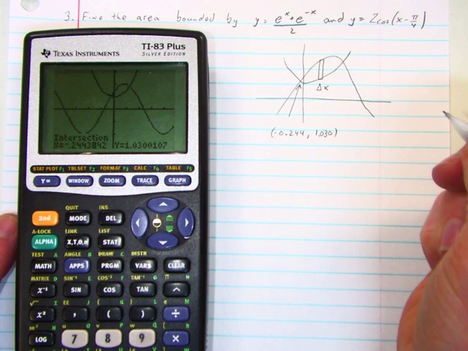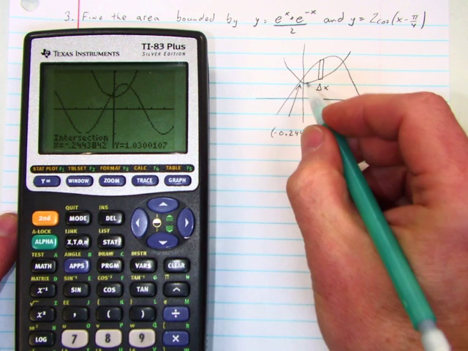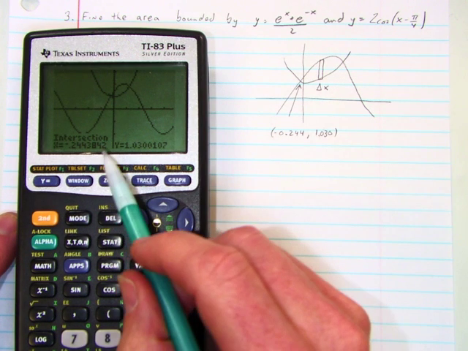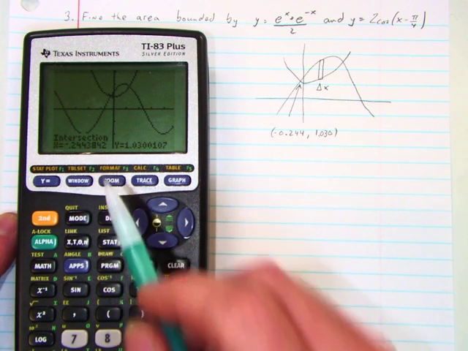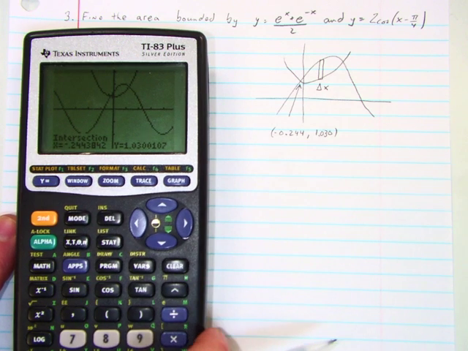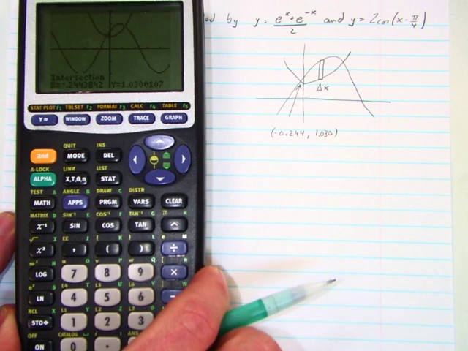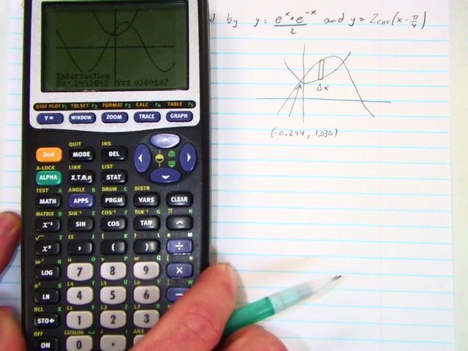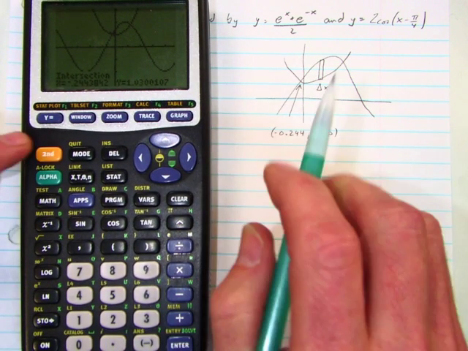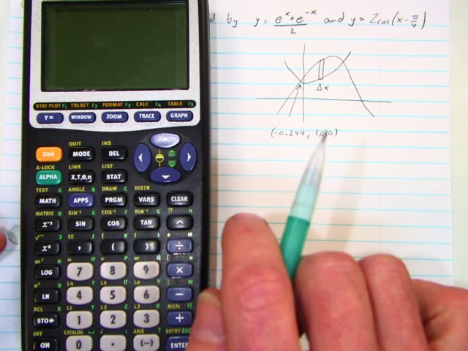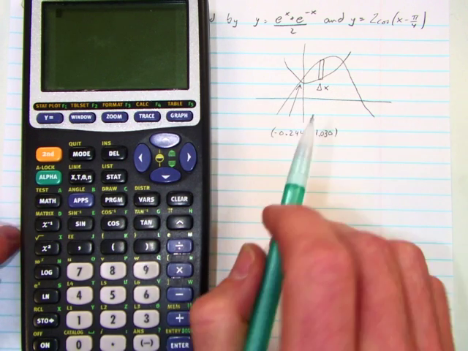Now we're going to want the x values, since we're going to be summing up along the x-axis, and we need to keep this number. We need to keep all these decimals. What we want to do is go to our home screen, second quit, and we have this value right now stored in x.